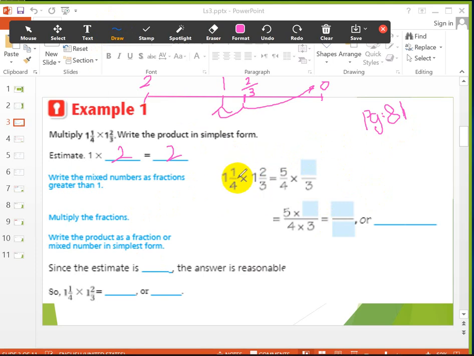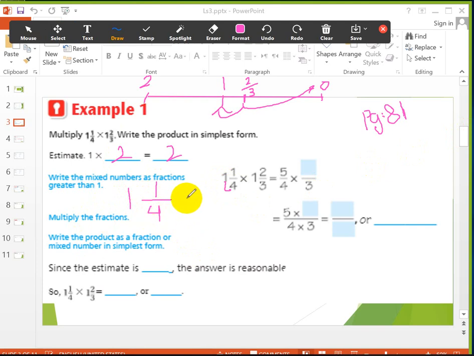Please focus with me now. If I want to multiply two mixed numbers, I have to write the numbers as fractions. Okay? How will I convert the mixed number into a fraction? Look, you remember, if I want to write this number as a fraction, I will take the whole and multiply it with the denominator. I will write it for you here. If I have 1 and 1 over 4, look at this example.